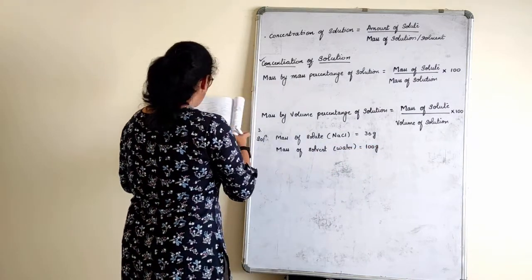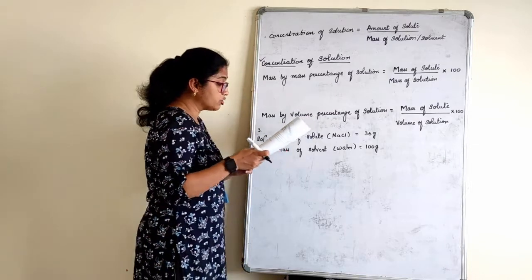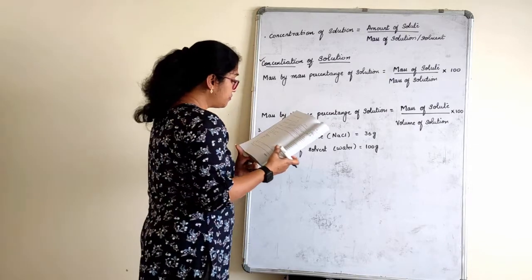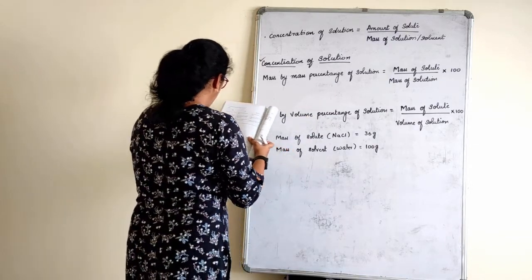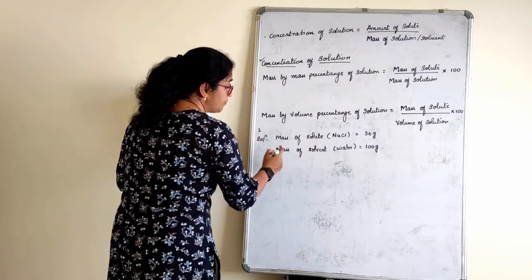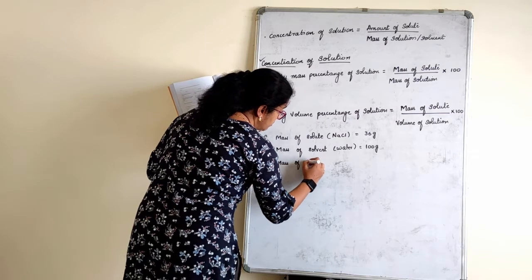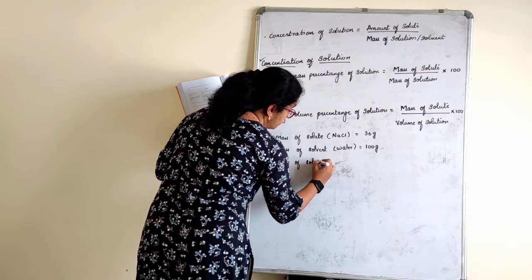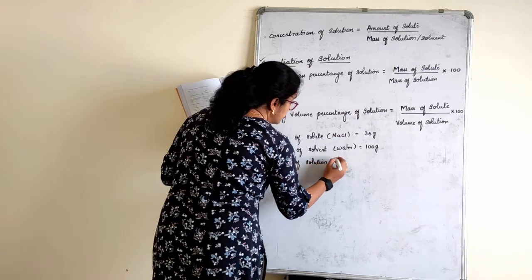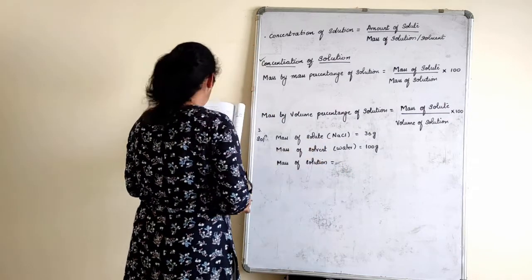Okay. So what we have to find here? Find its concentration. So to find the concentration, first of all we have to find the mass of the solution. Mass of solution is equal to solute plus solvent.